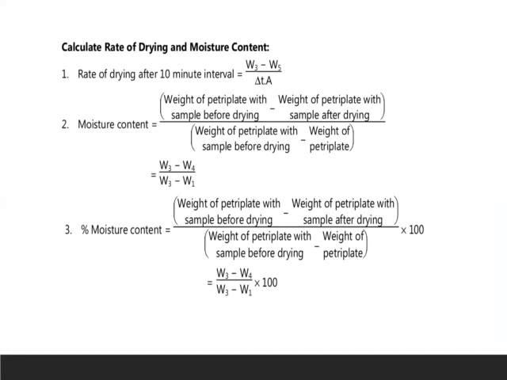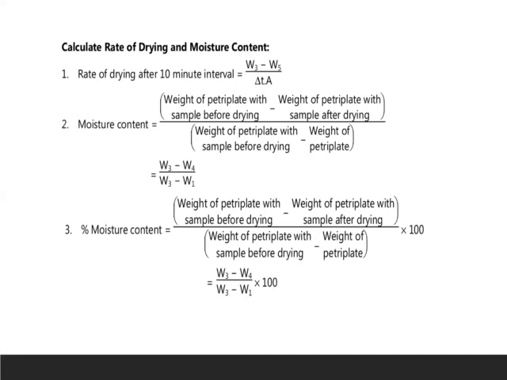Next is the moisture content, which is calculated by the weight of the Petri plate with sample before drying minus the weight of the Petri plate with sample after drying, divided by the weight of the Petri plate with sample before drying minus the weight of the Petri plate. That is W3 minus W4 divided by W3 minus W1.